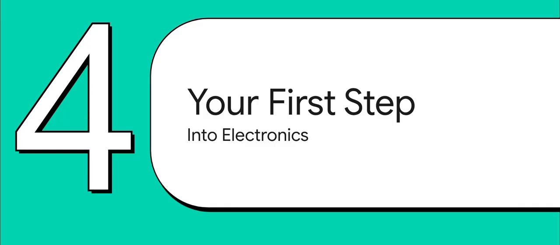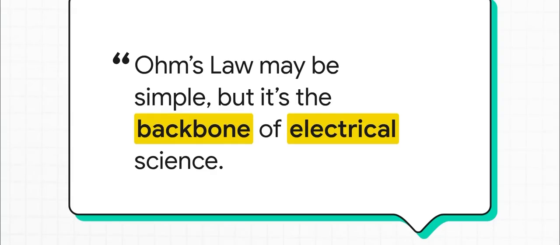So let's just pause for a second and think about what this means. By understanding this one simple relationship, you've just taken the single most important first step into the entire world of electronics. It might seem almost too simple, but it's like this quote says, Ohm's law may be simple, but it's the backbone of electrical science. It really is the starting point for everything else that comes after.